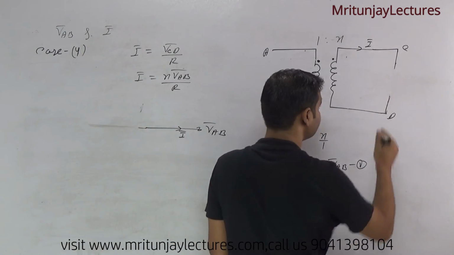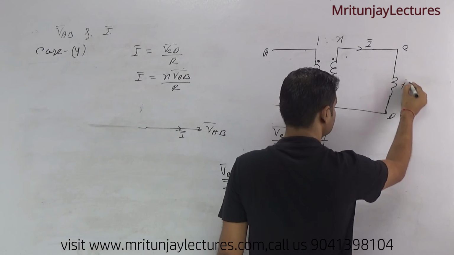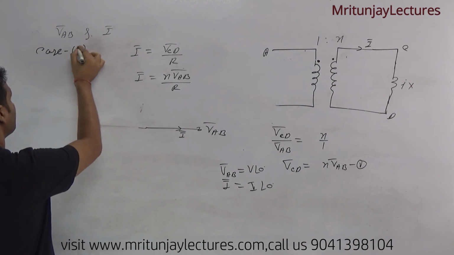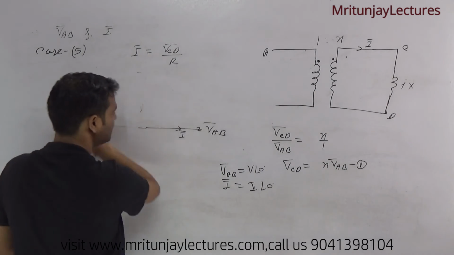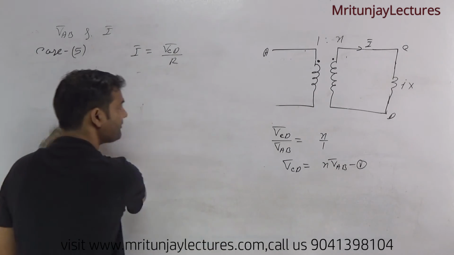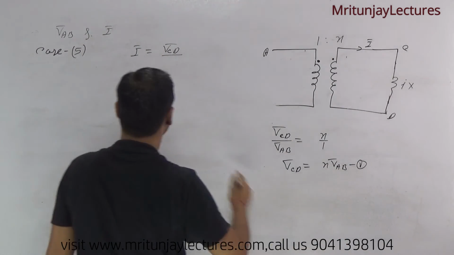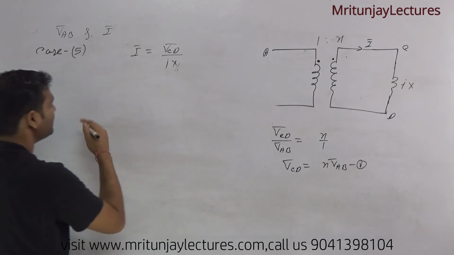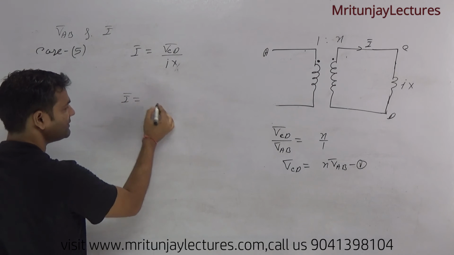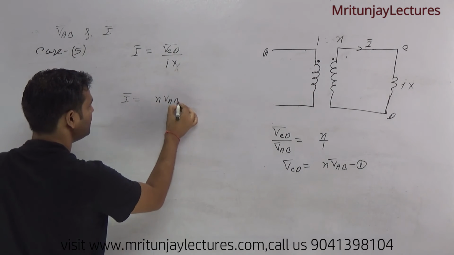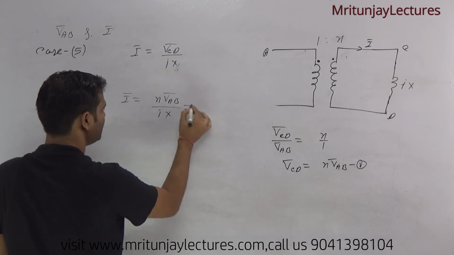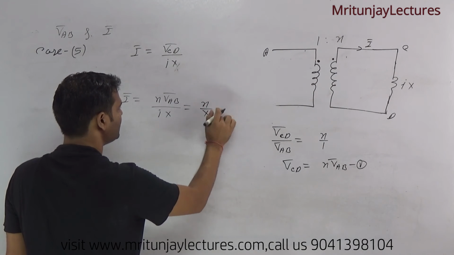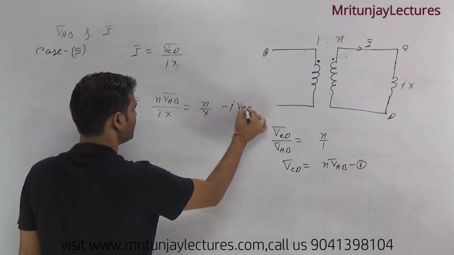Now if this one is an inductance jX, pure inductance, that is case 5. Now in this case, it is jXL, or jX, simply. So I is written as n V of AB divided by jX. Now n divided by X, that is minus j V of AB.